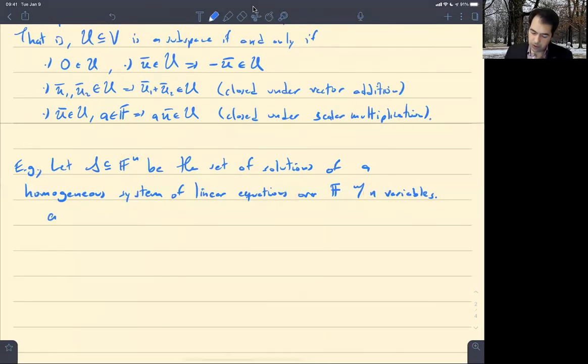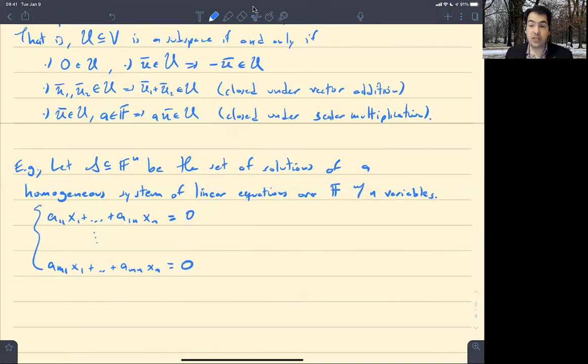Okay, so the system, remember a system of linear equations looks like this, where these coefficients a_11 through a_mn are elements of the field. And then you have a right-hand side, and here I'm going to put all of the right-hand sides equal to 0. That's what homogeneous means.